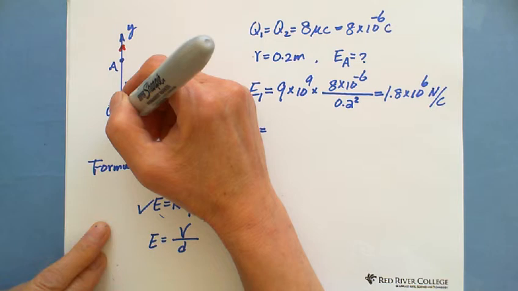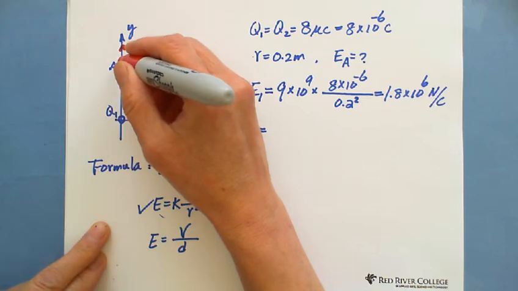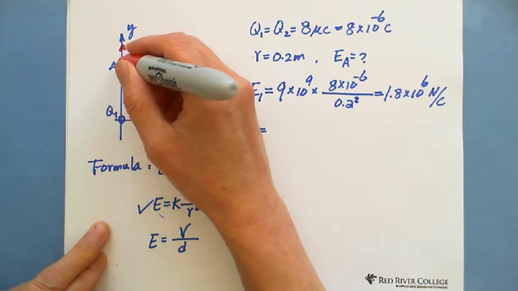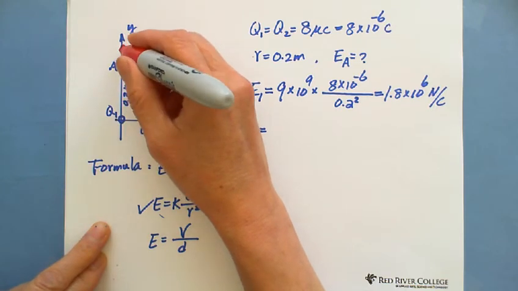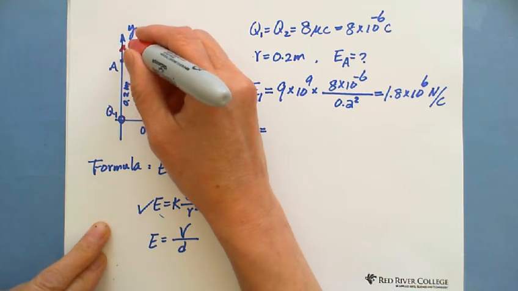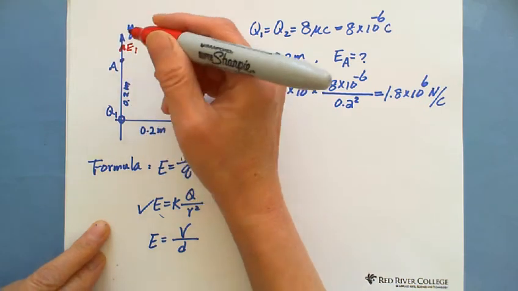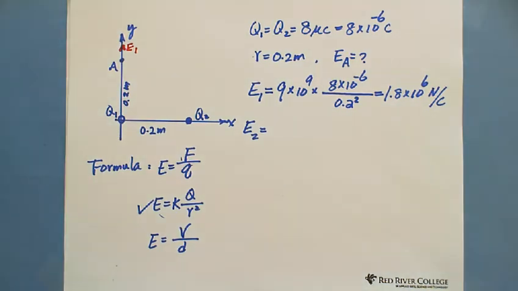Because it's a positive test charge, the force goes in the y direction. That's also the electric field direction.